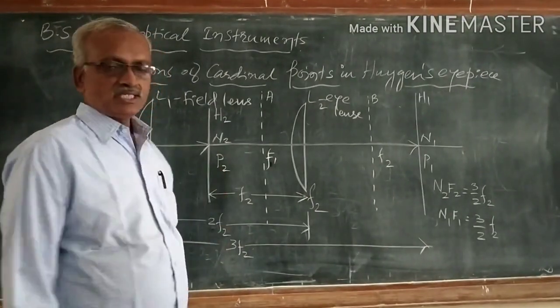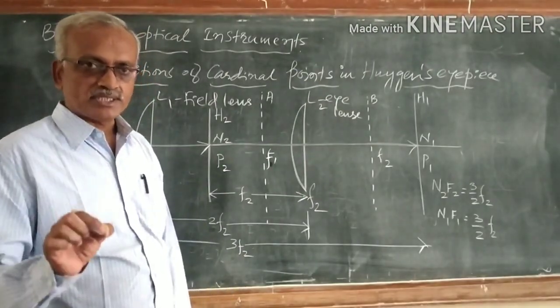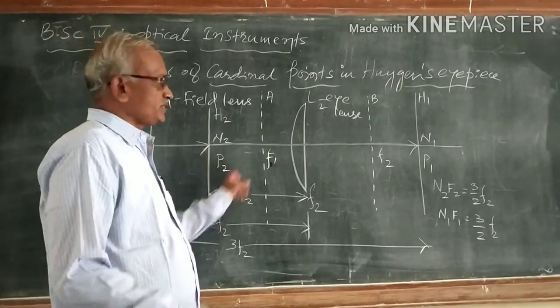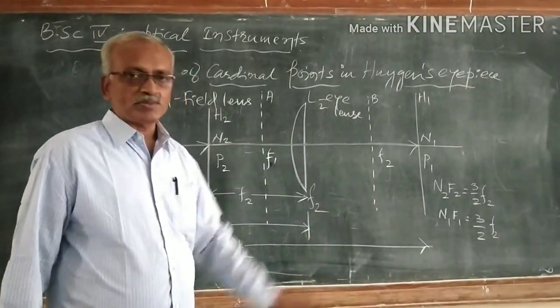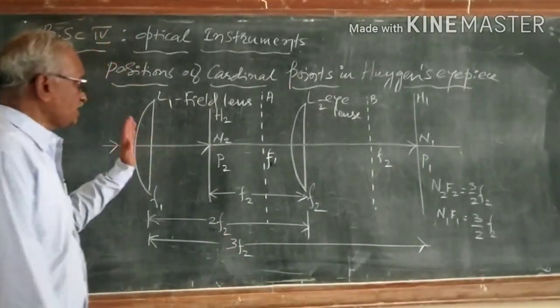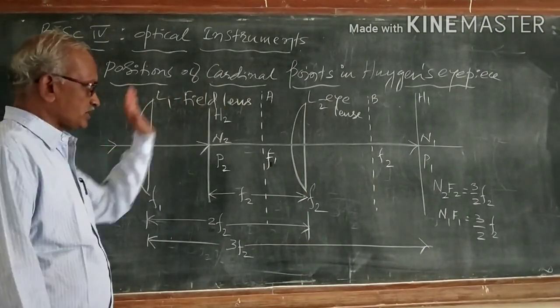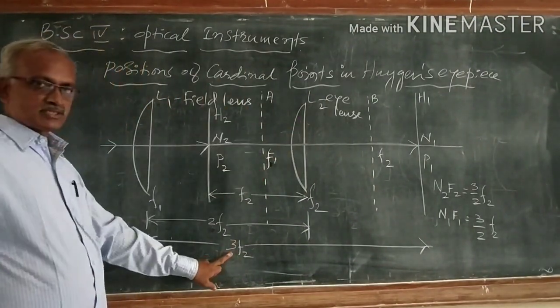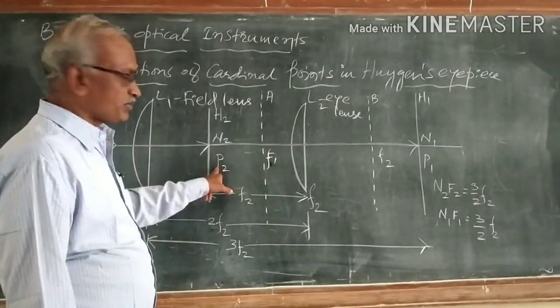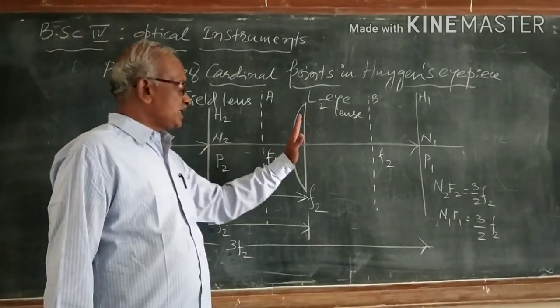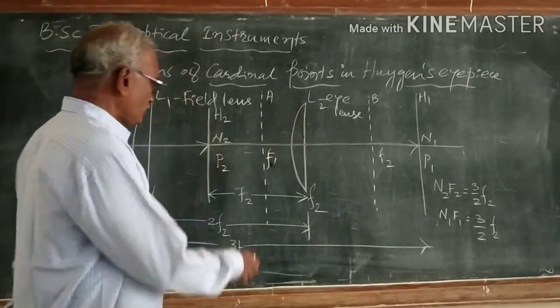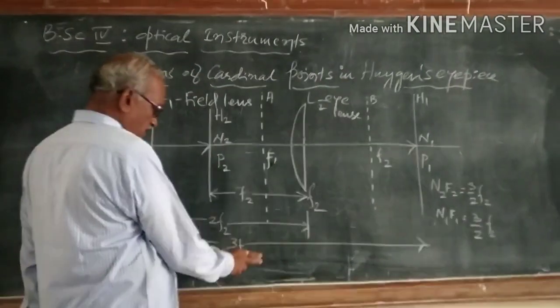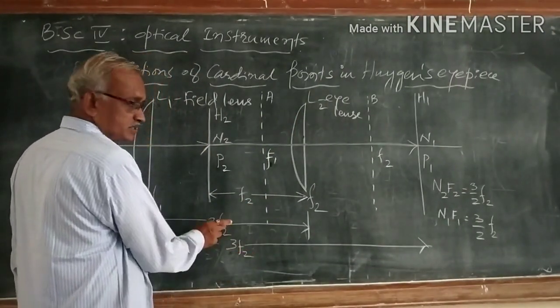So P2, the second principal point, appears left of the eye lens. The first principal point appears right of the field lens, and this is very important, at the distance of 3f2. And the second principal point, P2, appears left of the eye lens. The distances are f2, 3f2 and 2f2.